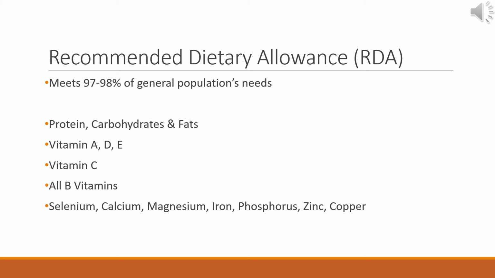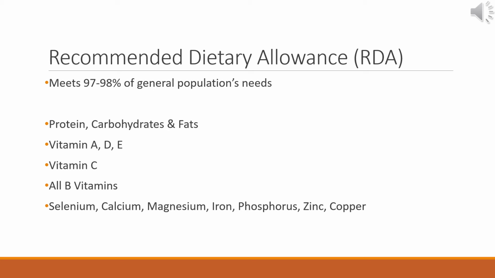And we're going to have RDAs for most nutrients. So we have this for protein, carbohydrates, and fats. Most of the vitamins, including the fat-soluble vitamins A, D, and E, vitamin C, all of the B vitamins, and then a good chunk of the minerals.